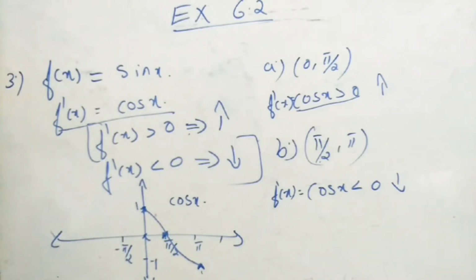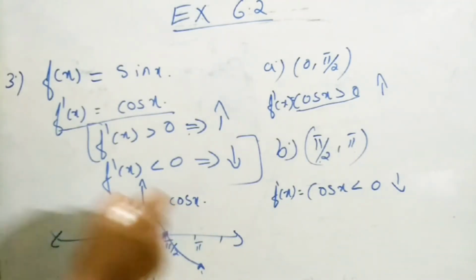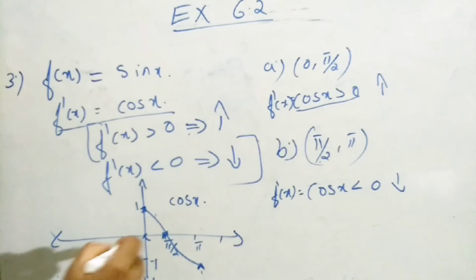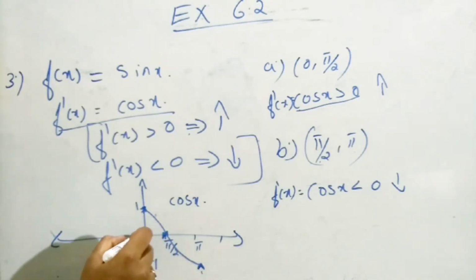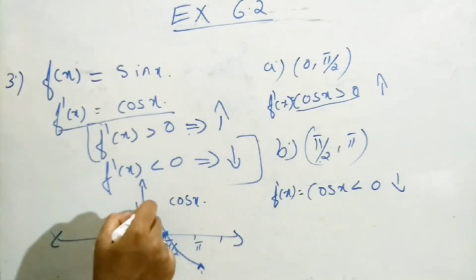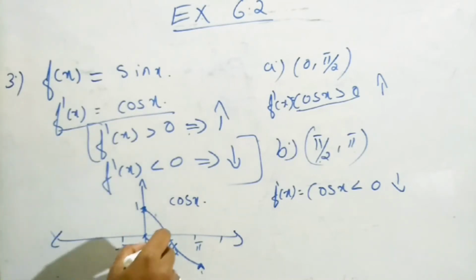Now, if you consider the interval 0 to pi, from 0 to pi by 2 it is increasing, and from pi by 2 to pi it is decreasing.